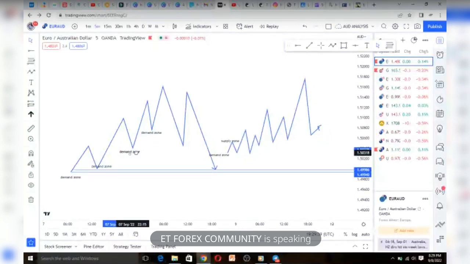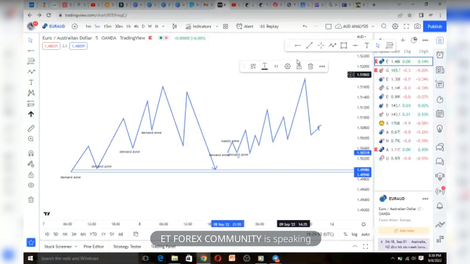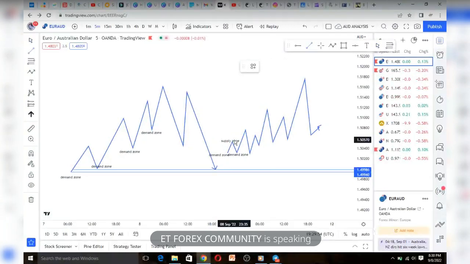Remember, I told you before, for it to create a supply, it must create a demand. So it created another demand zone and broke this supply zone. That's why we say we have a break of structure.